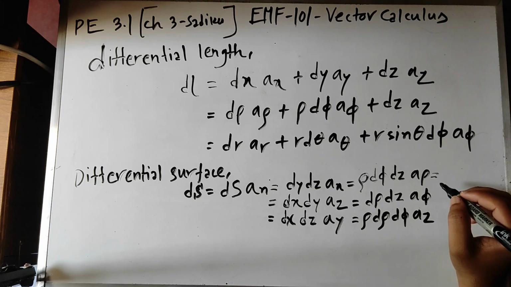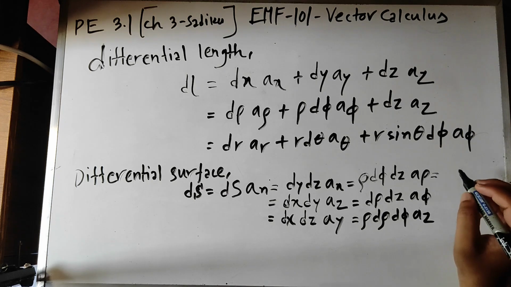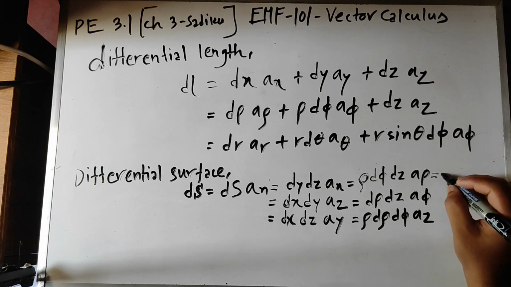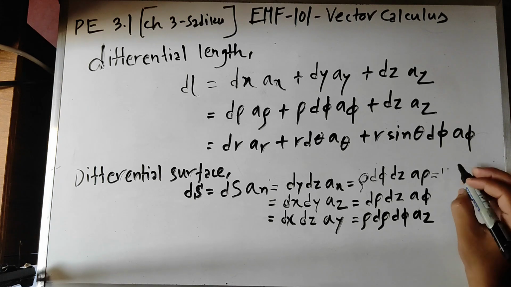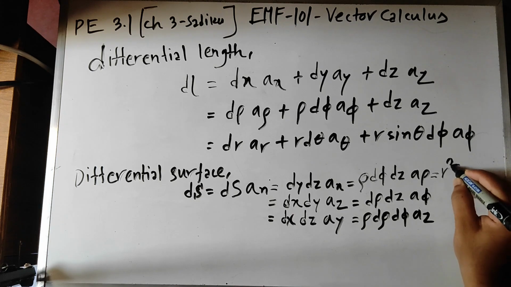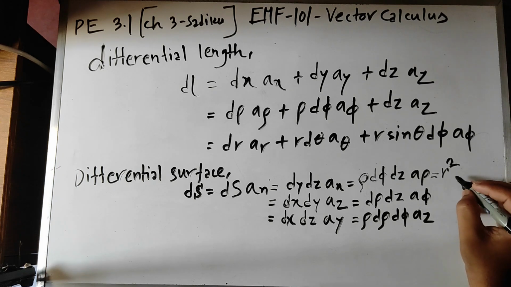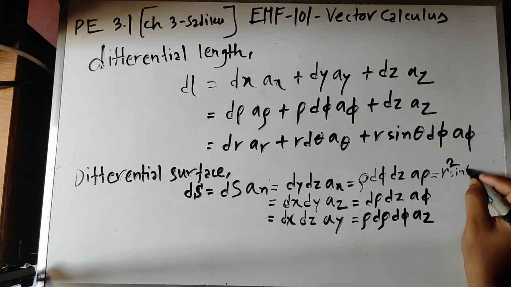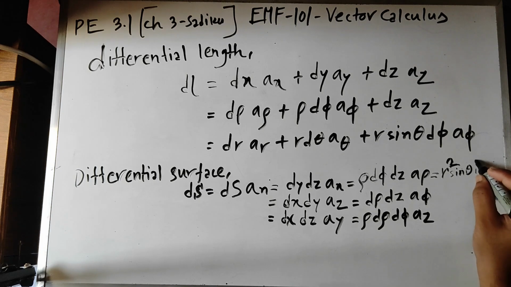In the direction ar, it is r squared sine theta d theta d phi in the direction ar.